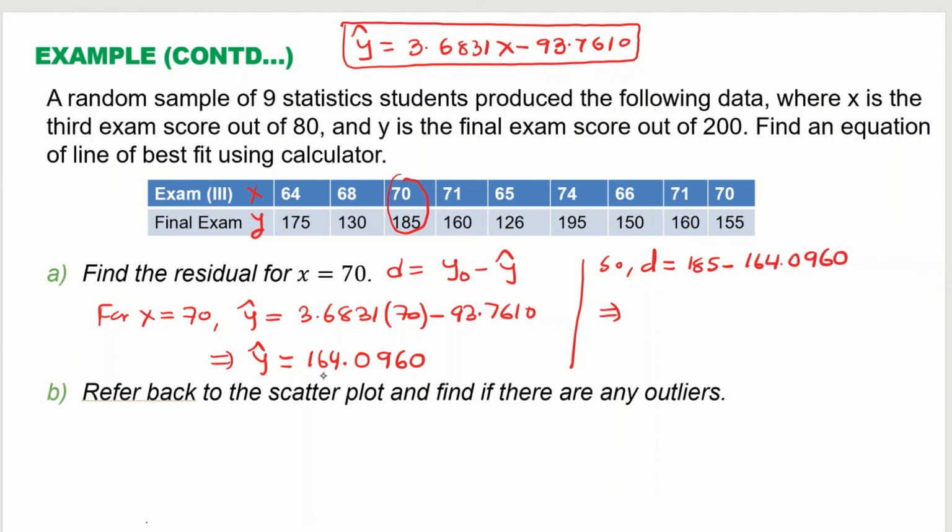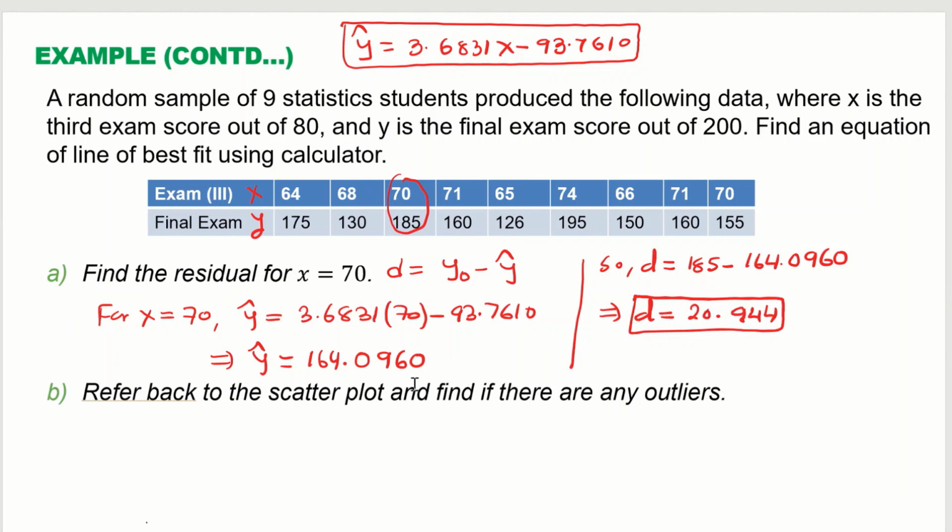So d is equal to, if you subtract this using your calculator, you should get 20.944. So that is the residual. If you get the residual as a positive value, the meaning is that the observed value will be more than the predicted value. But if the predicted value is more, this residual will be negative.